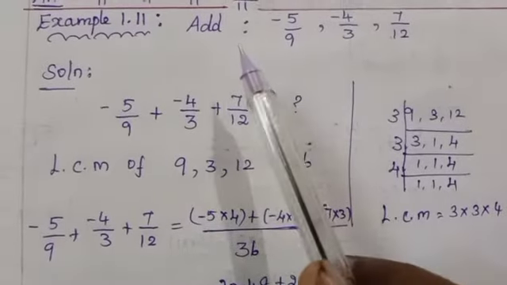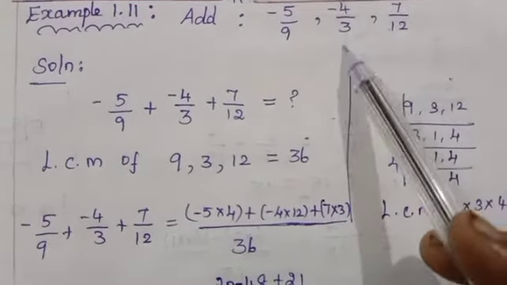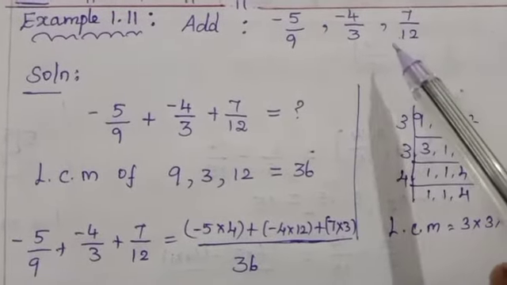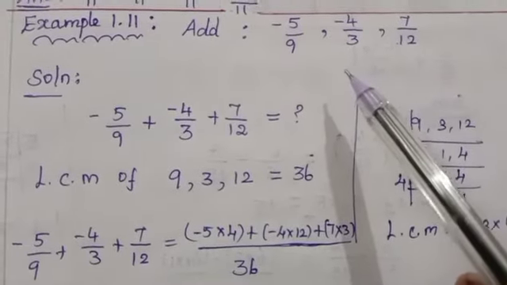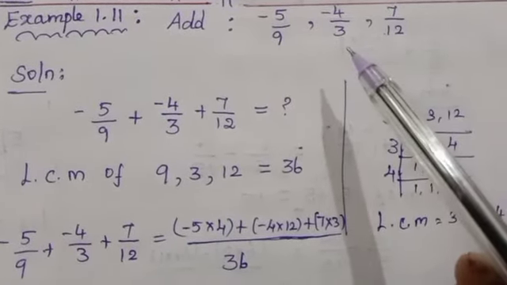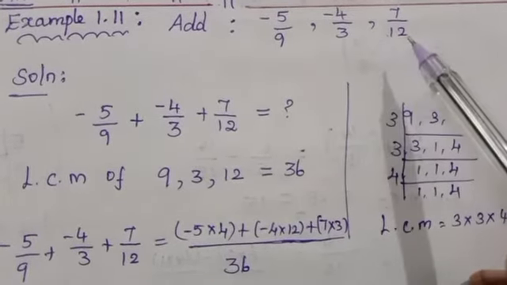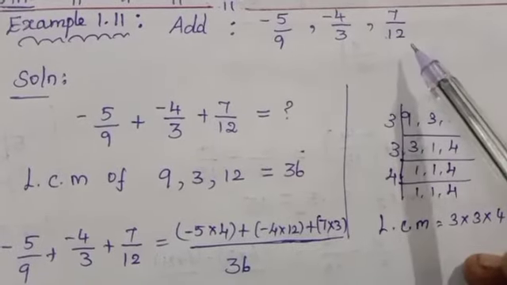Second problem: add minus 5 by 9, minus 4 by 3, 7 by 12. Students, what is the difference between this problem and the previous problem? Are you able to identify it? Yes. In the first problem, all the denominators are the same, but in this problem we have different denominators.